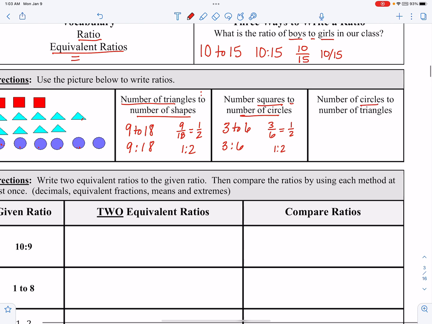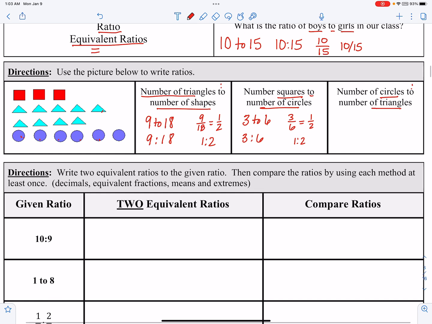And number of circles to number of triangles. 1, 2, 3, 4, 5, 6 circles to 9 triangles. So this is a 6 to 9 ratio. It can be written with a colon in between as well. We can also write it as a fraction, 6 to 9.